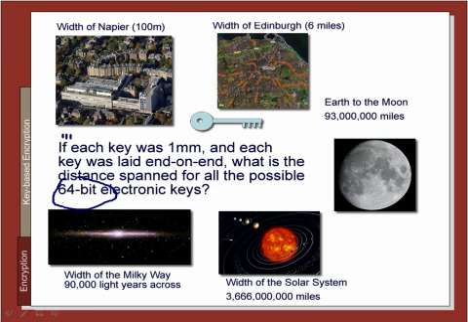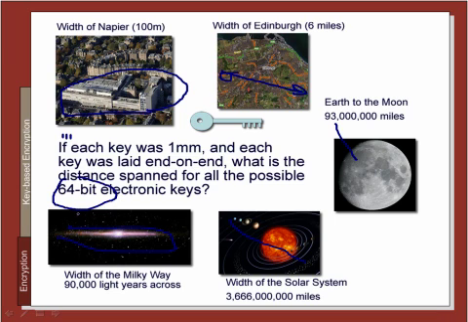For 64-bit, how big would that total length be? The width of Napier's campus at Merchiston, the width of Edinburgh, 6 miles, the distance between the Earth and the Moon, about 93 million miles, or the width of the solar system, or the width of the Milky Way.